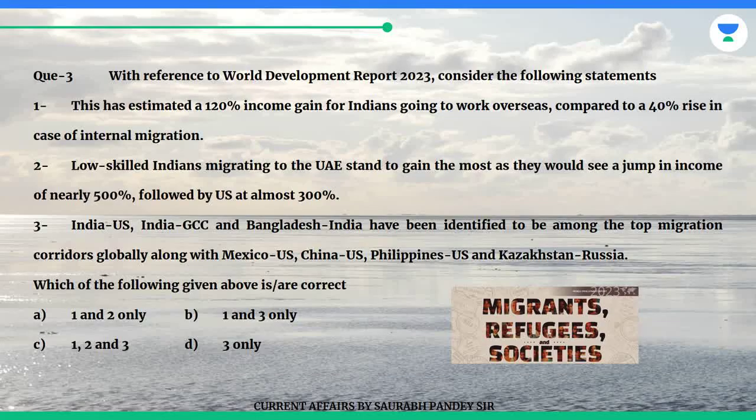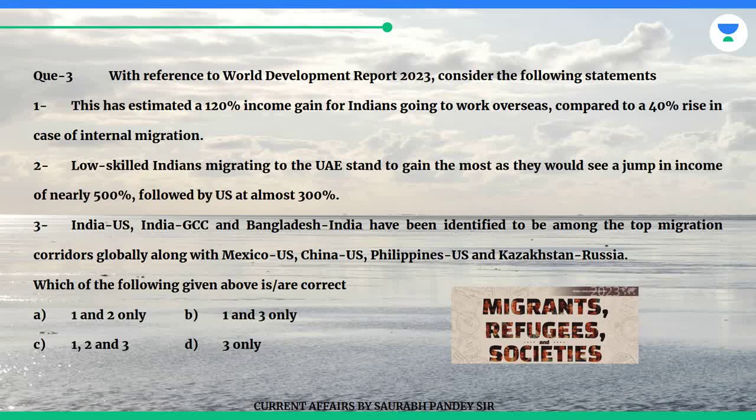Question 3. With reference to World Development Report 2023, consider the following statements. 1. This has estimated a 120% income gain for Indians going to work overseas, compared to a 40% rise in case of internal migration. 2.